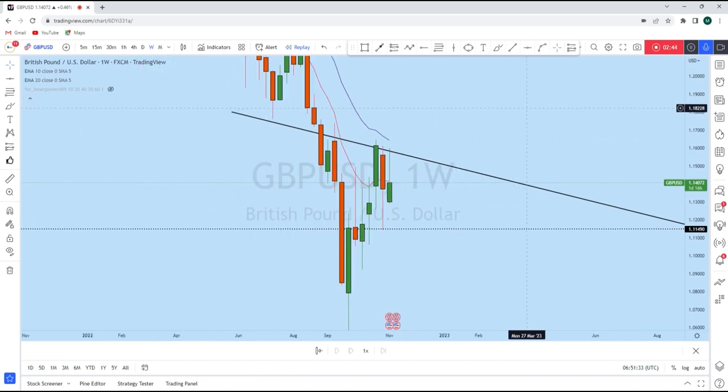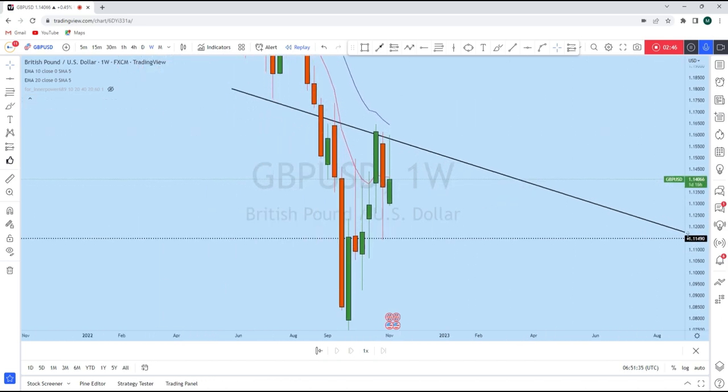As today is Thursday and tomorrow is Friday, GBPUSD could come up again later today during the news announcement and then come back down again, closing on the weekly as a red candle.